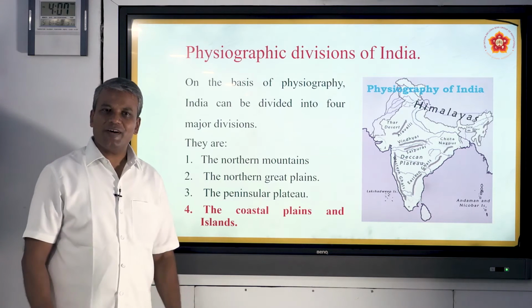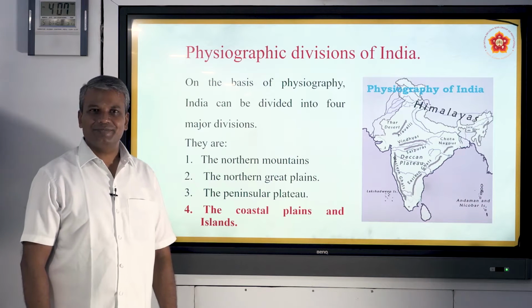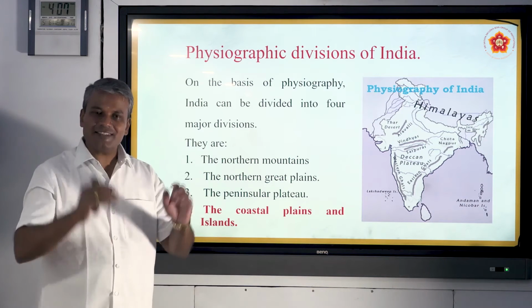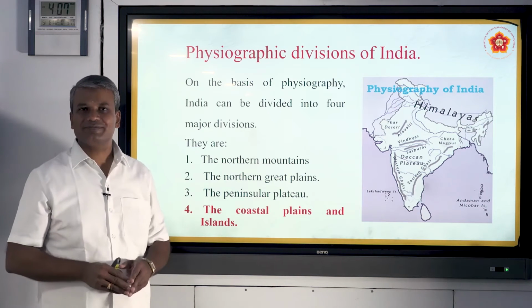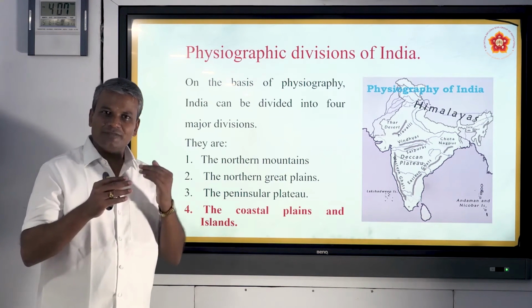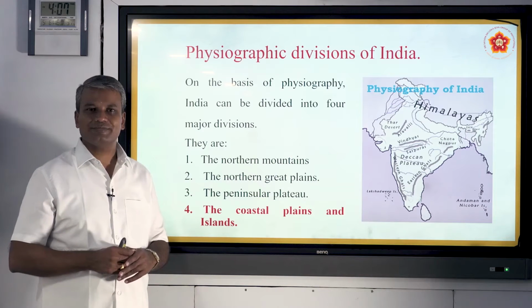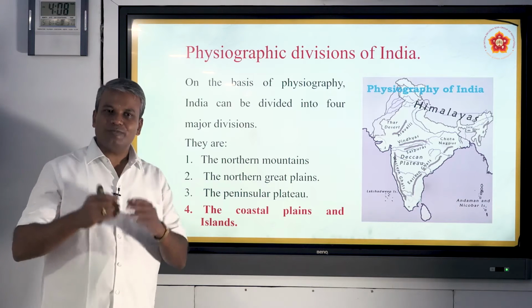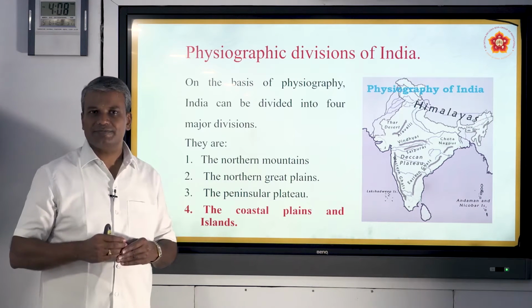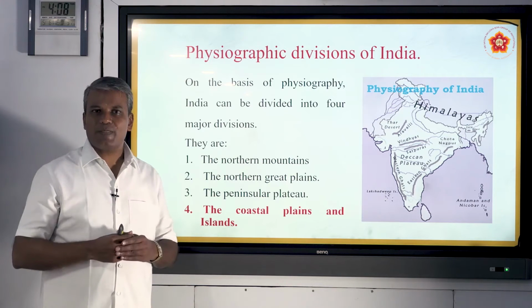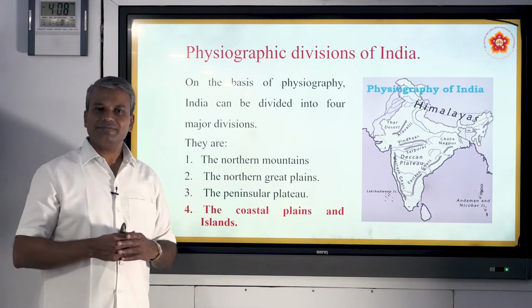Then which is the highest mountain peak in the world? The highest mountain peak in the world is Mount Everest. It is at about 8,848 meters.